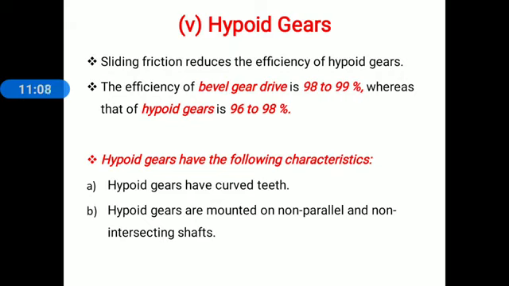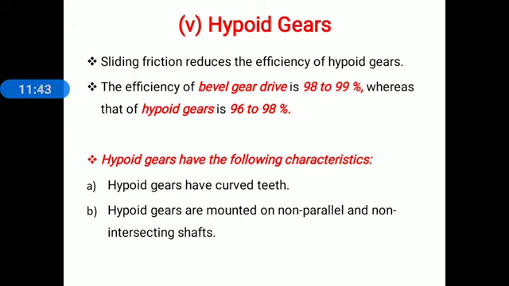Due to curved teeth there is a smooth engagement, it does not create noise, that's why it is used for high speed and high load applications. Second characteristic, hypoid gears are mounted on non-parallel non-intersecting shafts. Remember, these are the two important characteristics. Now remember the application. Hypoid bevel gears are mainly used in automobile differential. Remember, hypoid bevel gears are mainly used in automobile differential.